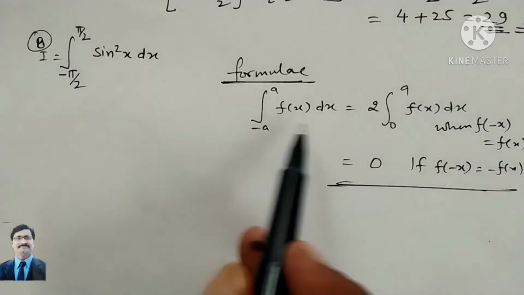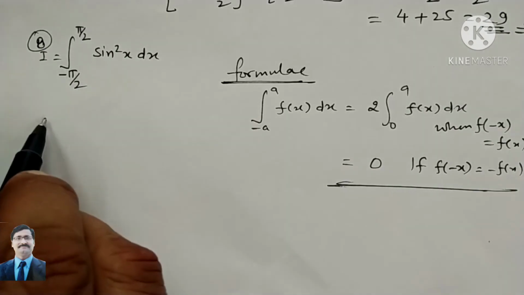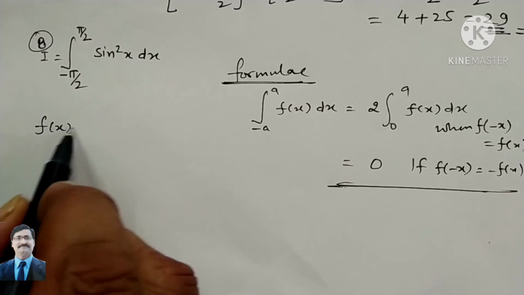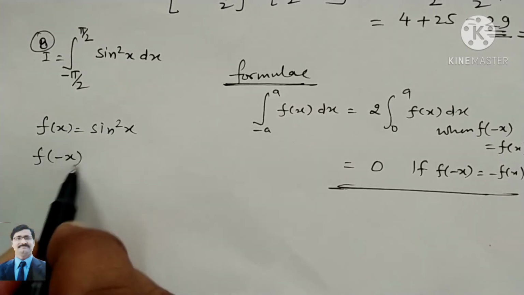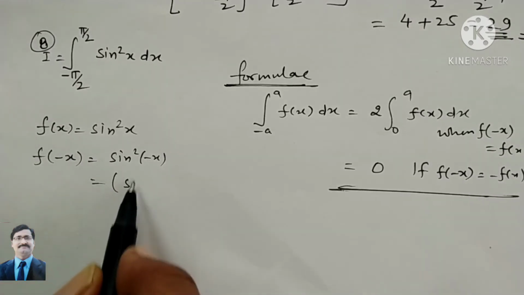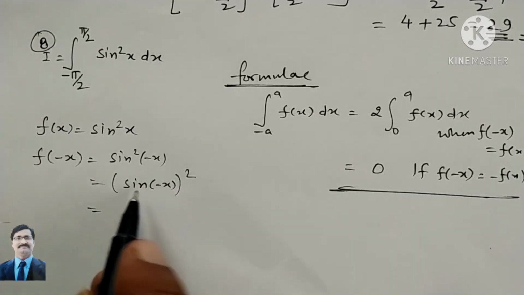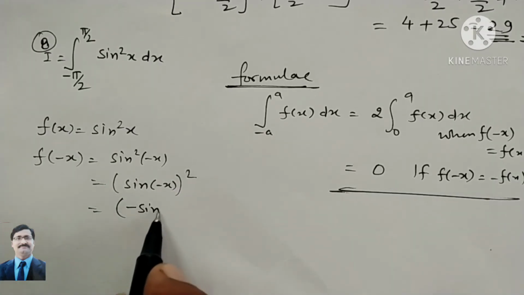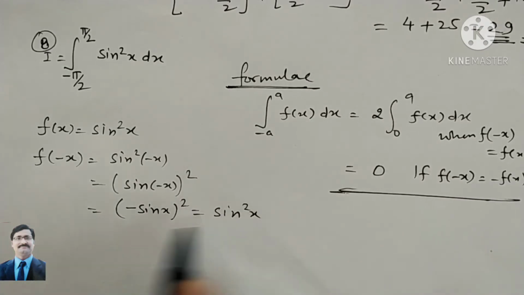So look here, in place of a we have pi by 2. You have to check only f(x). Here f(x) equals sine square x, and in place of x we write minus x: sine square of minus x. This is actually sine of minus x, whole square. Sine of minus x is minus sine x, but since the whole is squared, we again get sine square x.